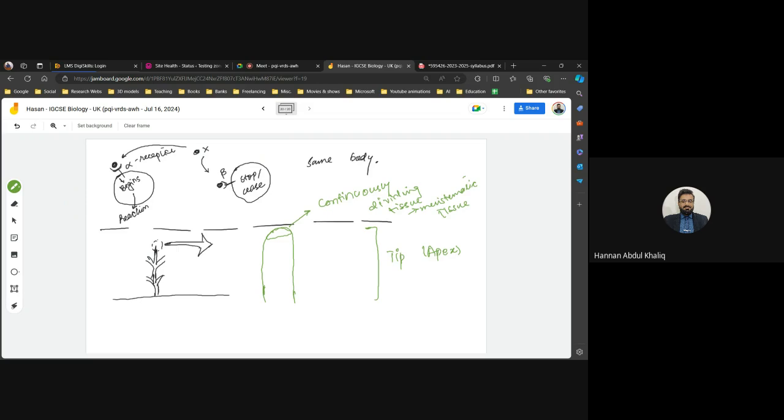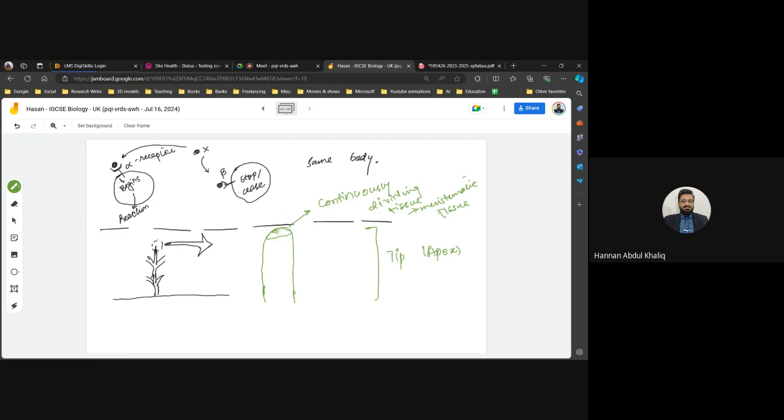Whenever you hear the name meristematic tissue, you should always be thinking about a continuously dividing tissue. What is the meaning of continuously dividing tissue?